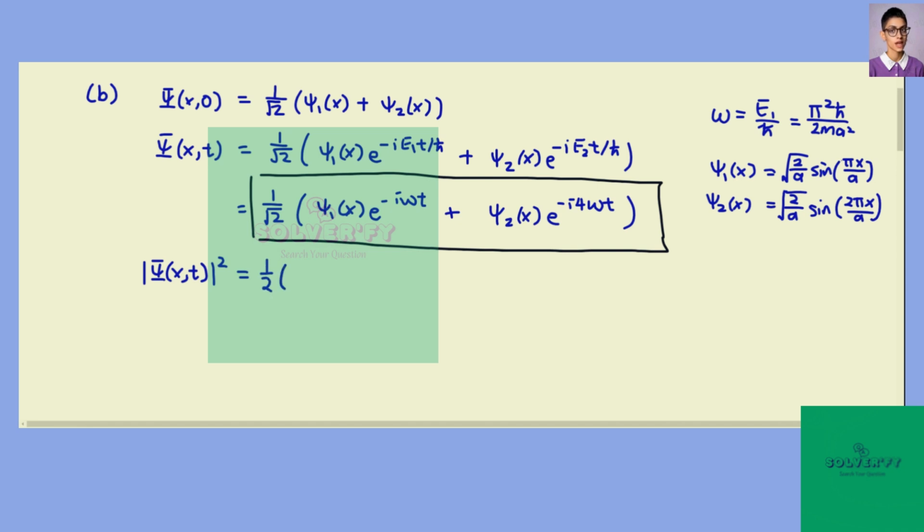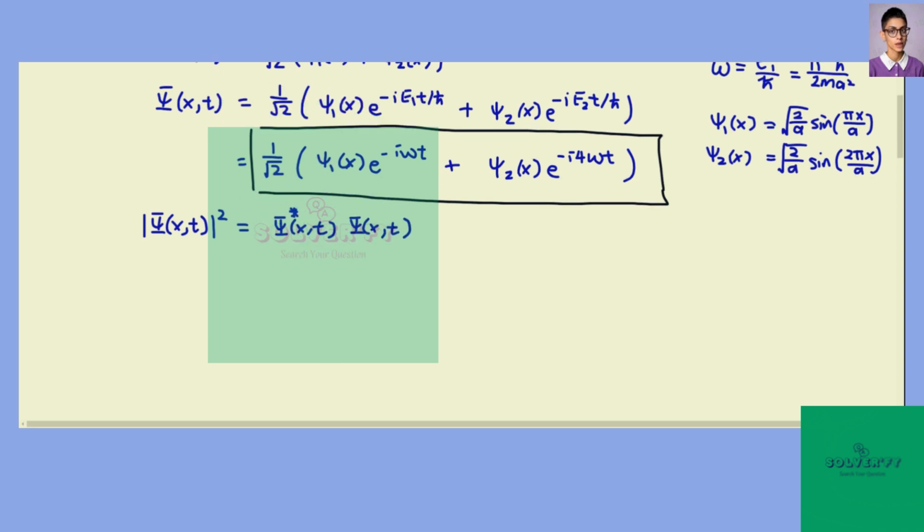So if you do the mod square, then you have a half. Just to make it complete, the mod square will be psi star psi. The 1 over root 2 will become a half, and then you have psi 1(x).